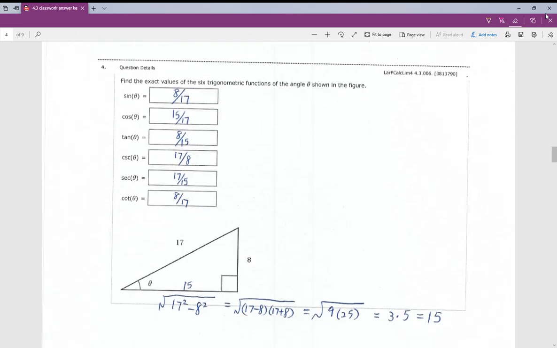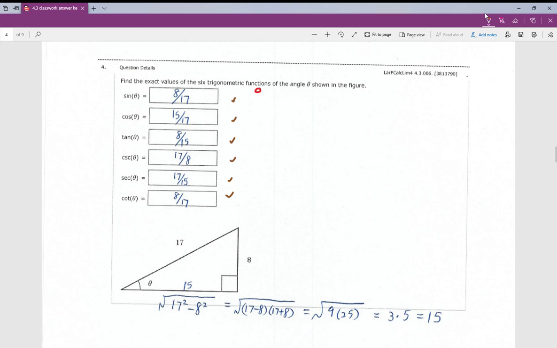Before we use those two vocabulary words, we want to practice how to evaluate the values of all the functions. So remember, you need to memorize the definition of each function.